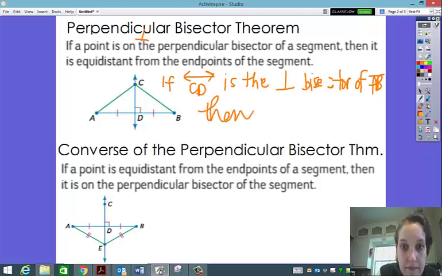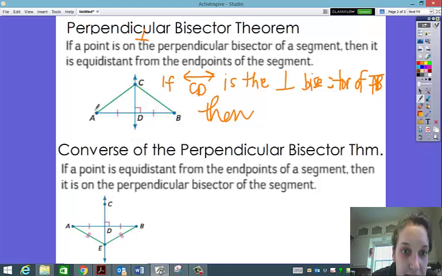So if CD is bisecting segment AB, then the distance from C to endpoint A is going to be the same. It's going to be congruent as the distance from C to endpoint B. So these two distances should be congruent.